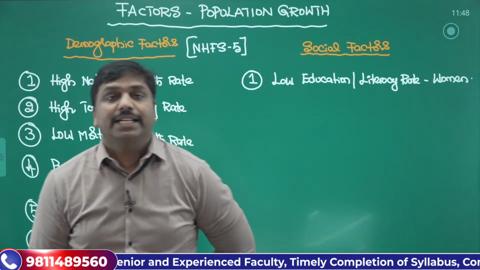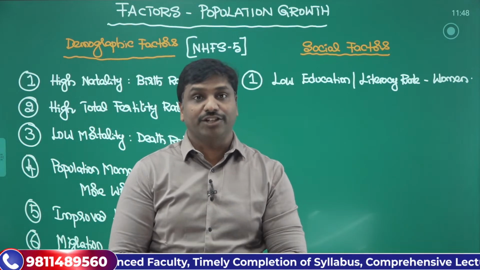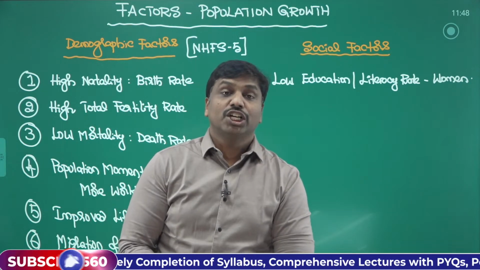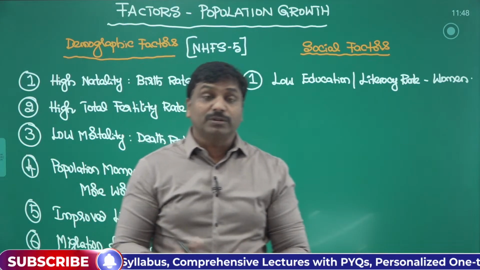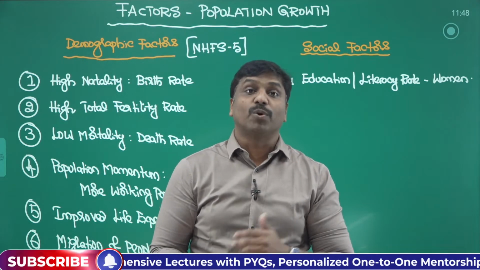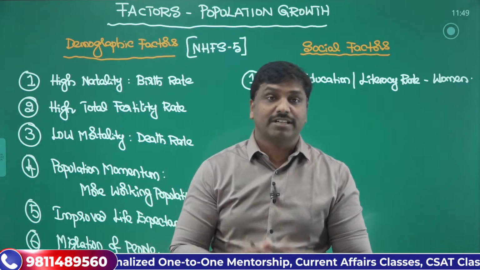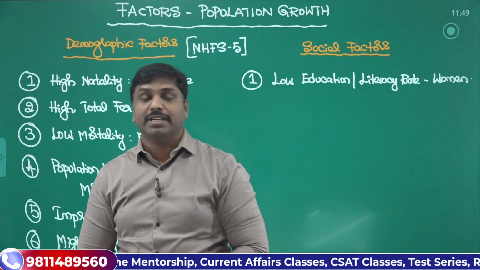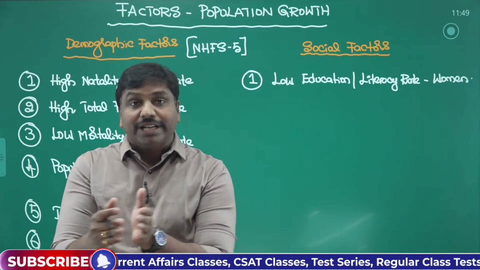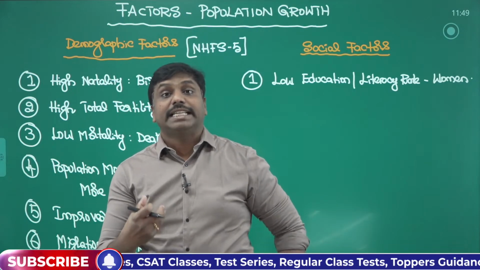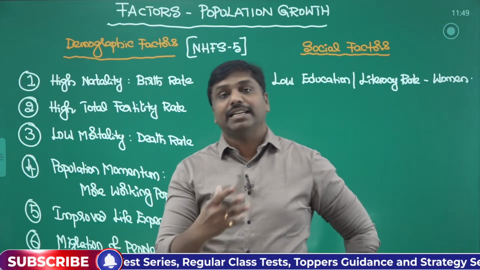Imagine a condition that if the girl is well educated or the woman is well educated, she would know the implications of having more number of children. So that's first thing. Another thing, most of her time would be engaged in education, and the reproductive life, the fertility life, will be lessened.